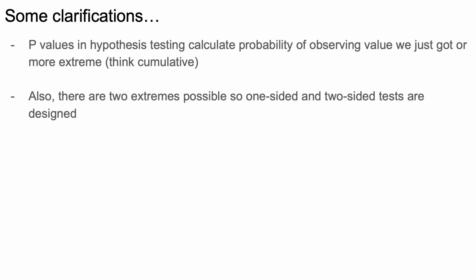Some clarifications that I would want to make: the p-value in hypothesis testing calculates the probability of observing the value we just got or more extreme. So it's not exactly the probability, it's the probability of observing 2 or more heads, for example. So we might have to think in cumulative terms. Also, there are two extremes possible. So one-sided and two-sided hypothesis tests are designed, but that's out of the scope of this video.